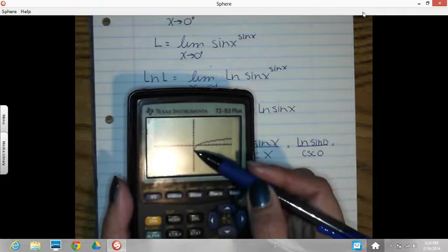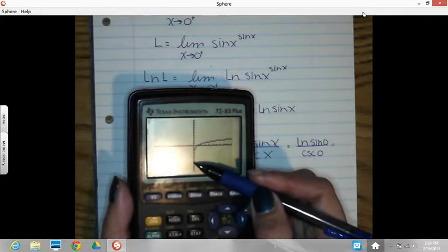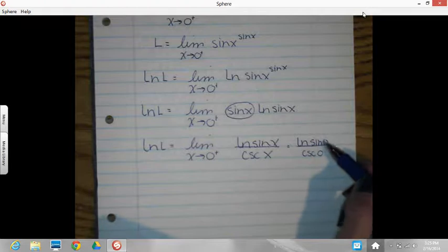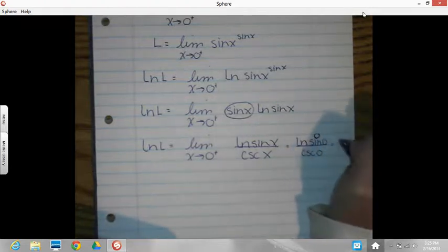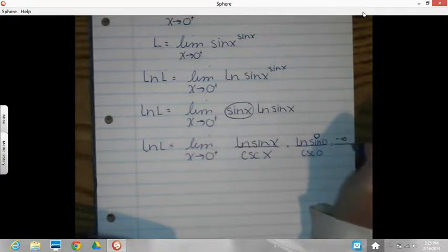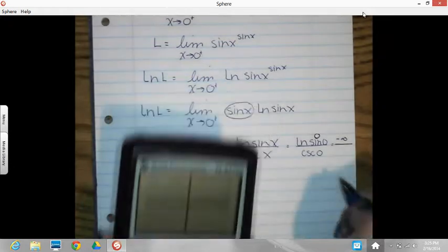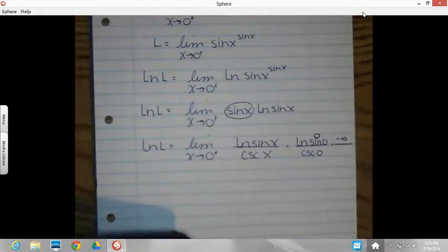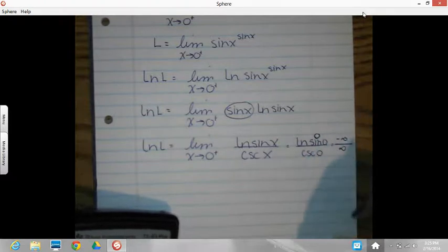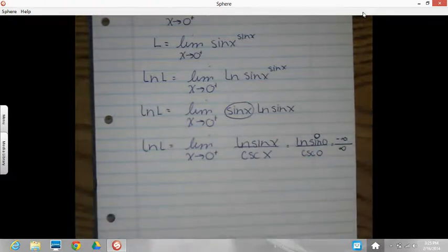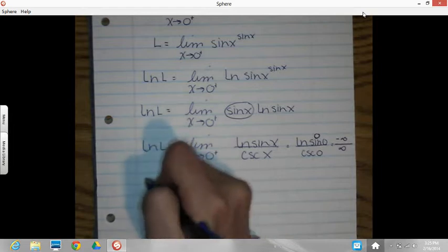It just keeps going down and getting closer and closer. So it's going down to negative infinity. So the natural log of 0 is technically negative infinity. And then cosecant of 0, if you look at that graph too, you're going to see you get infinity again. So we've got an infinity over an infinity, which is indeterminate. So we can do L'Hopital's rule.